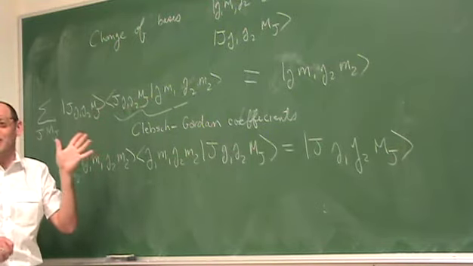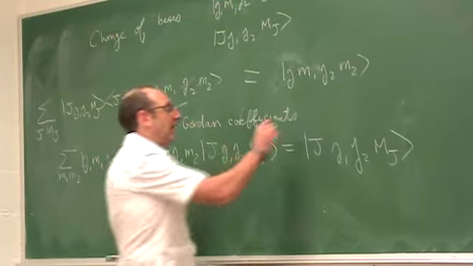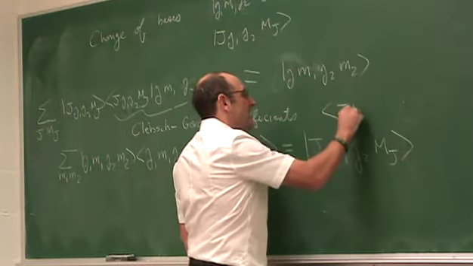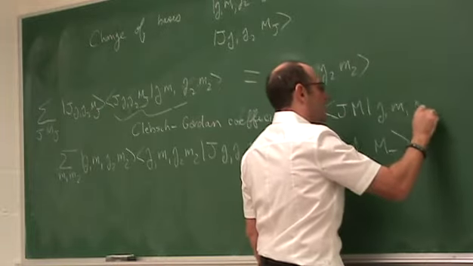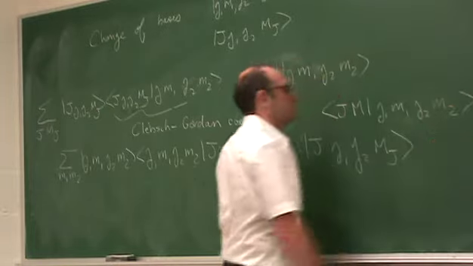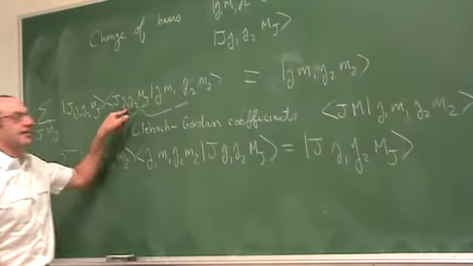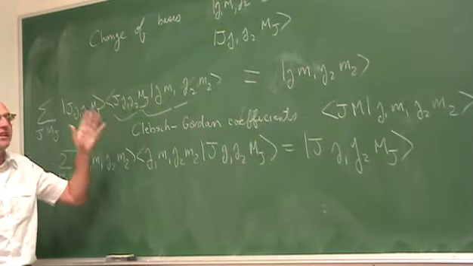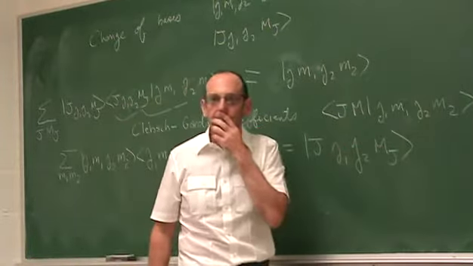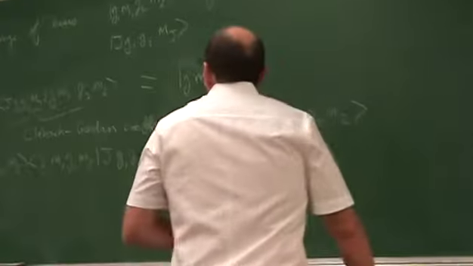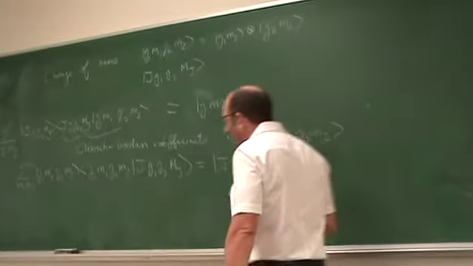We often don't repeat them. So I will write this as J, M, J1, M1, J2, M2, without writing this a second time, because that's already given, we know it's J1 and J2. The Clebsch-Gordan coefficients are important.